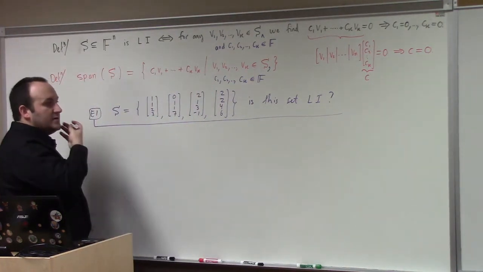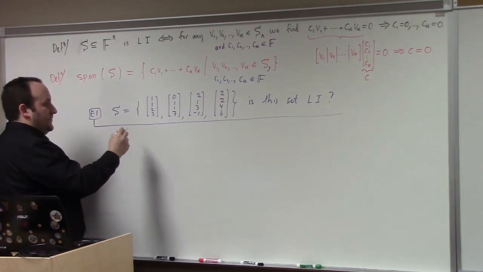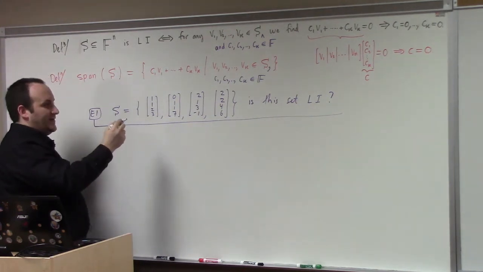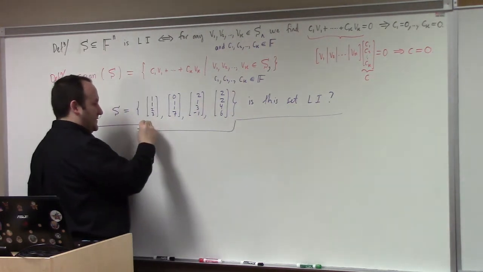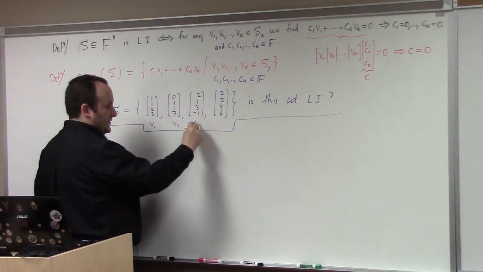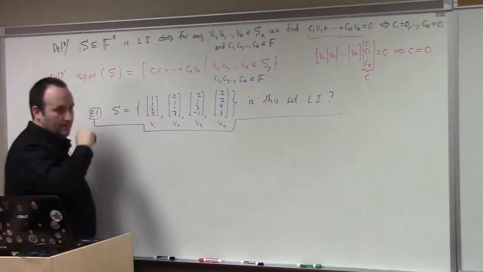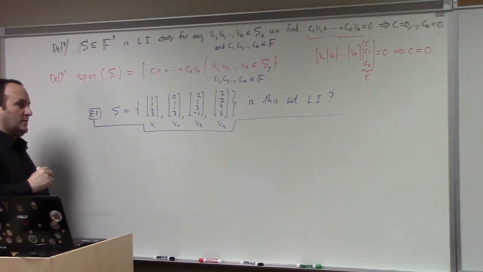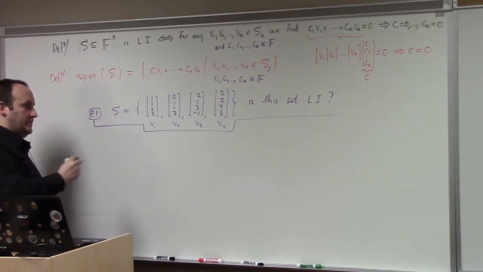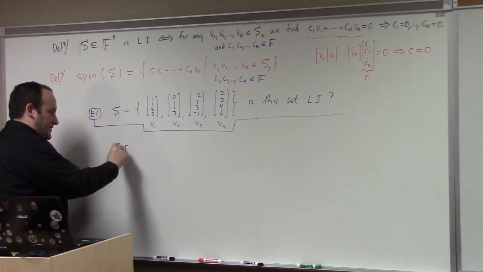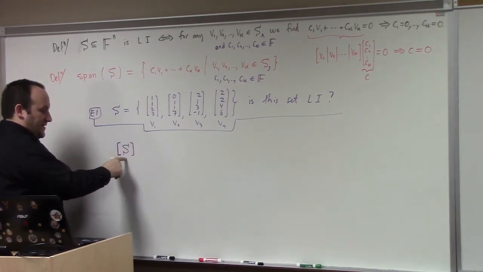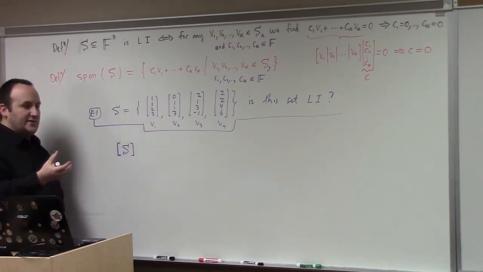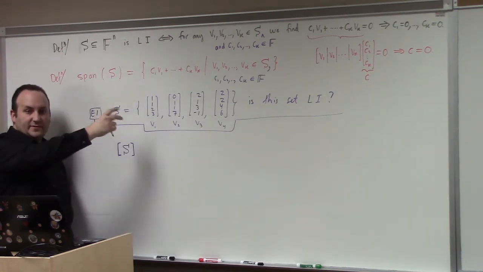First of all, let me give these things some names because that'll help our discussion. May I suggest v1, v2, v3, v4. We're going to look at the matrix of S. This is notation, guys. If I have a finite set of column vectors and I put brackets around the set, what that means for me is the corresponding matrix made by gluing together the vectors in that order.